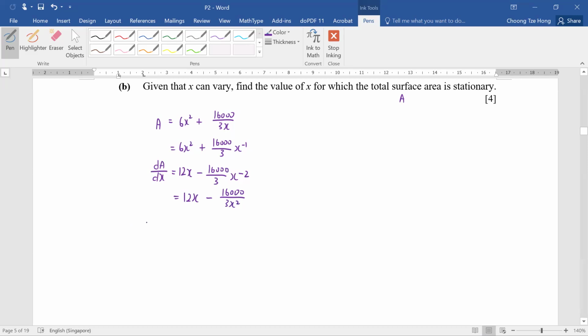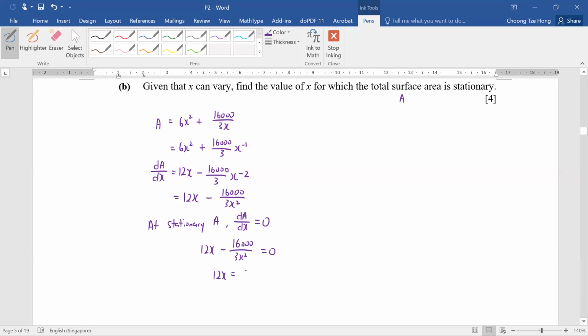Next, at the stationary value of A, dA/dx is going to be equal to 0. So 12x minus 16,000 over 3x squared is equal to 0.